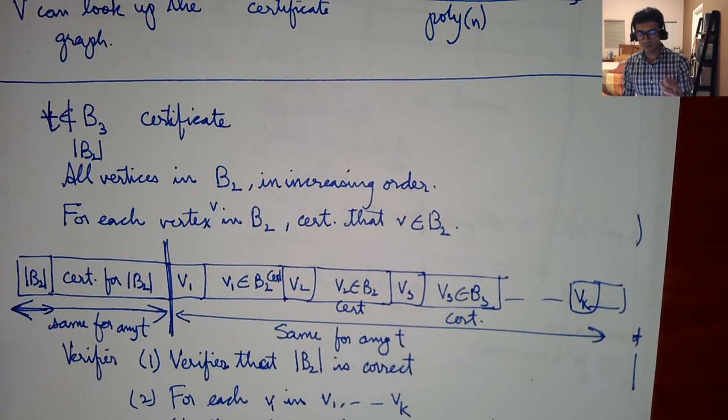Right. The verifier is log space. So think of the verifier as able to store a constant number of vertices in memory. The verifier cannot store a list. Okay. So it can loop over all vertices, but it can't do an all-for-all check.